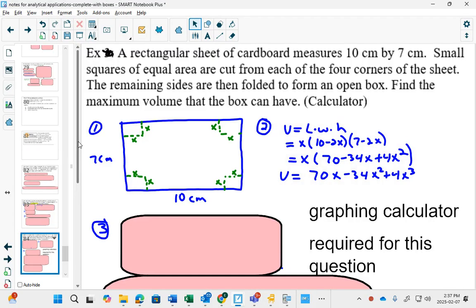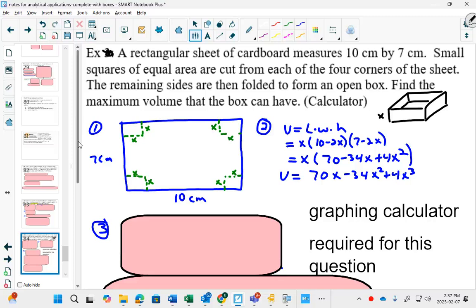Your volume is going to be length times width times height. So if we draw, how good are you guys at drawing 3D pictures? Okay? So if I fold it up, the height will be x. So I'm going to draw just one side of the box and then go in 3D here. That's what the box would look like.